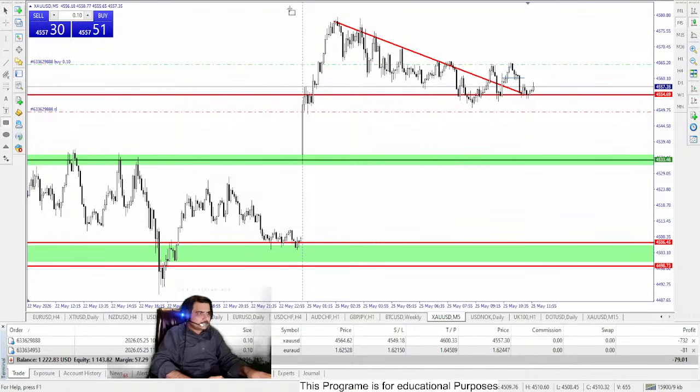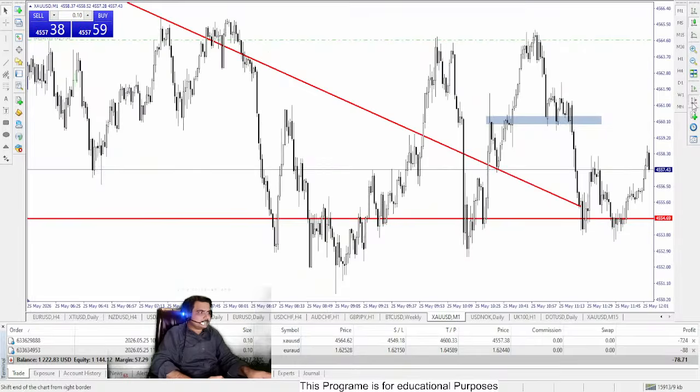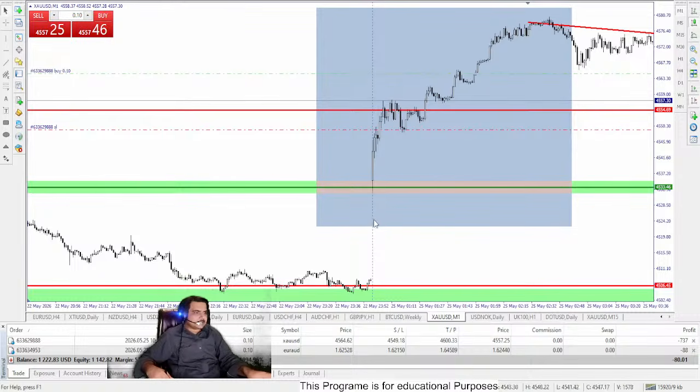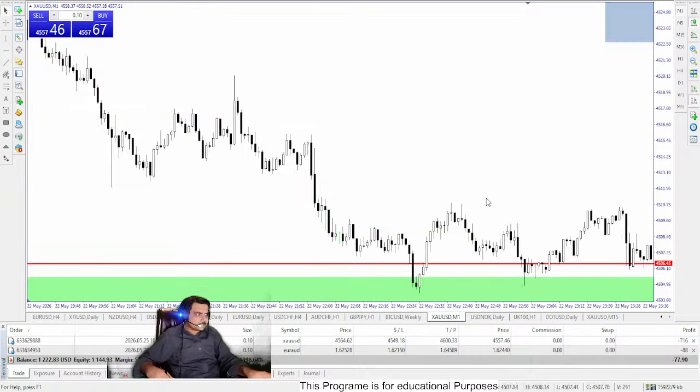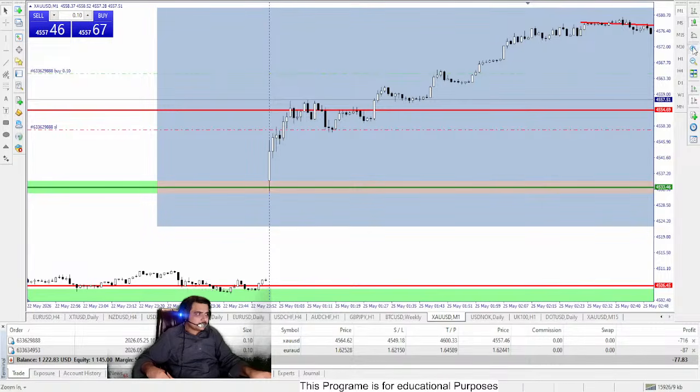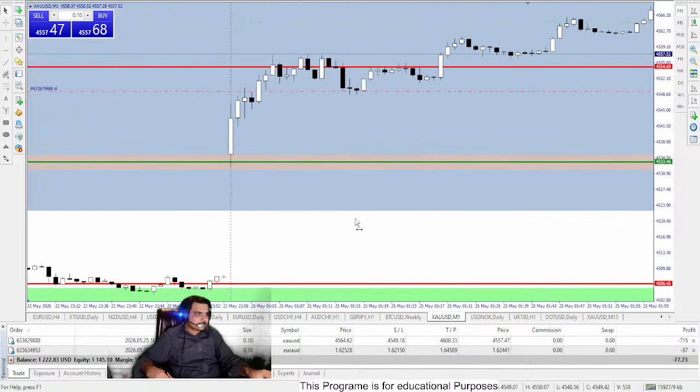I want to study its lower time frame a little bit: how these people came into the market, how they knew that this is going to be a buy level. How, after all?